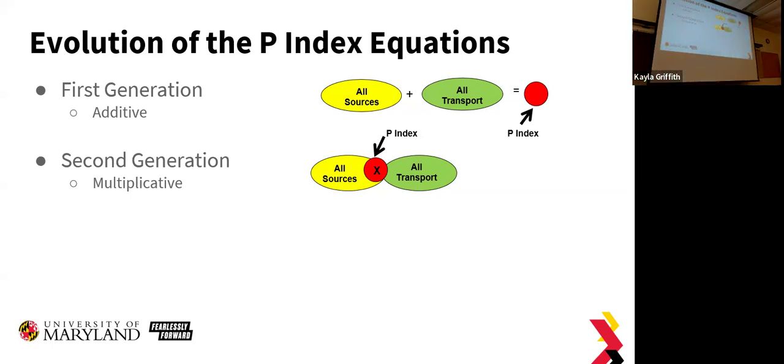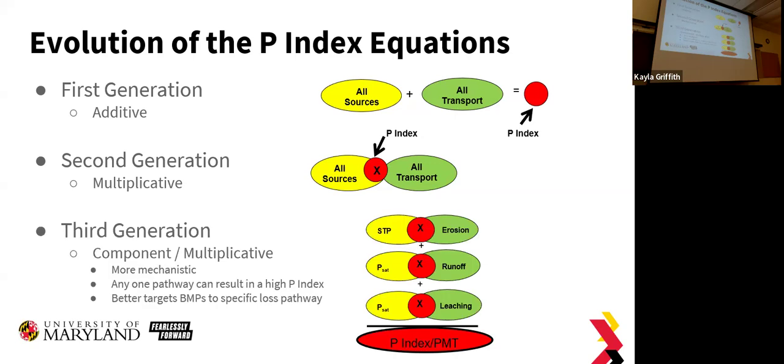And we in Maryland kind of lived through the second generation of the P-index for a very long time. It wasn't until, I wanted to say recently, but it's kind of like a decade ago at this point, that we moved forward with this idea of a component or multiplicative version of this equation, where we really were able to separate out those different transport pathways and their associated sources, okay?